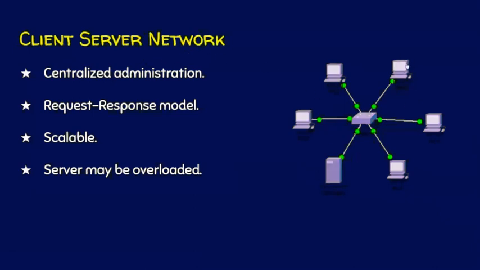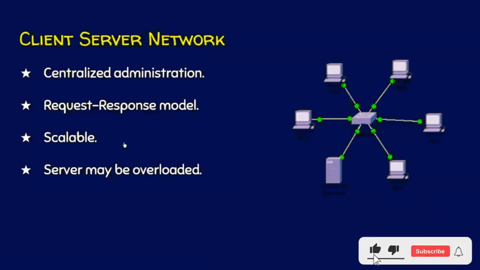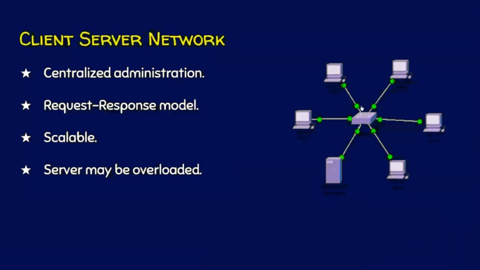Say if this guy wants some data from the server, it first gives the request, and after accepting the request, the server gives the response, whatever is requested. And obviously this is a scalable network. Even if 100 devices want to participate in the network, it can be achieved. But the problem is, we are too dependent on the server. When everyone starts using this server, there are chances for the server to get overloaded.